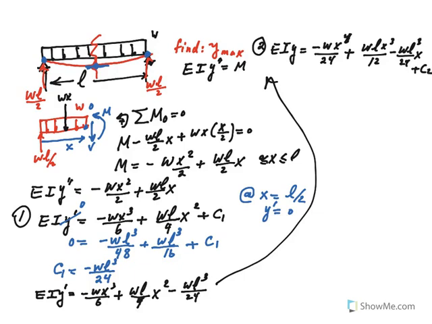What is the obvious boundary condition? At x equals 0, y is 0, which actually makes things easier for us. So then if y is 0 and x is 0, C2 becomes 0.